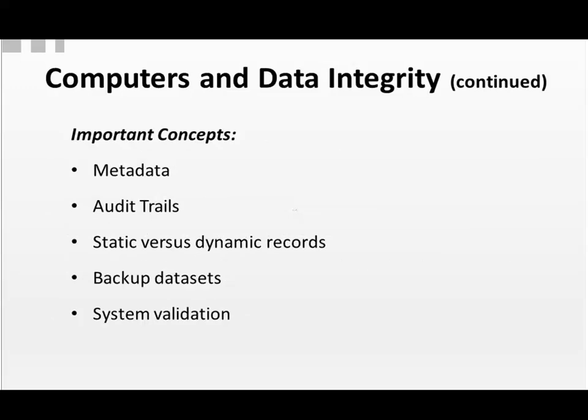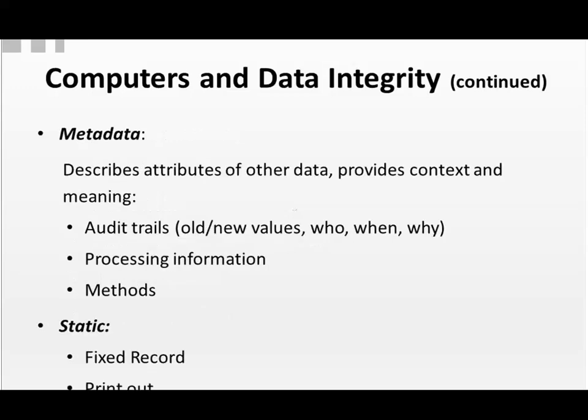Now, with data integrity, there are some important concepts that should be noted. We want to talk about metadata, or data about the data, audit trails that show any kind of change to data, static versus dynamic records, backup data sets, and system validation, which is of utmost importance. Now, metadata is typically a tag that you put on data.